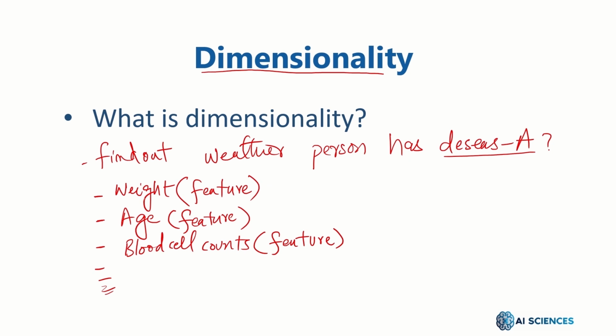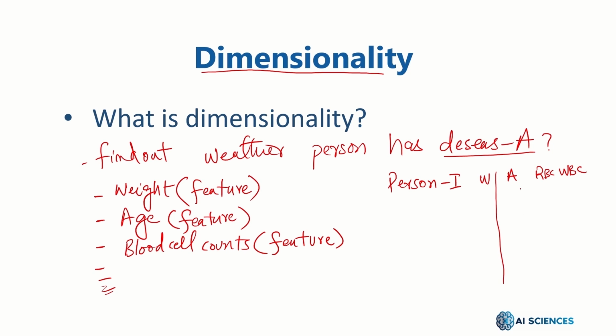Well, all these features, if you categorize one person, so let's say this is person 1, the weight value we have, that's age value, that's red blood cell count, that's white blood cell count, so RBC and WBC.